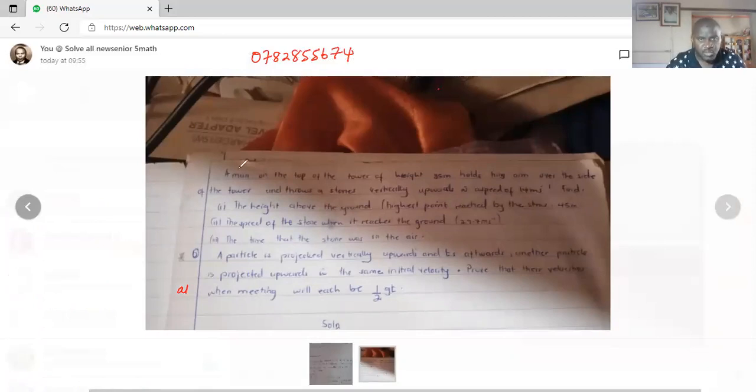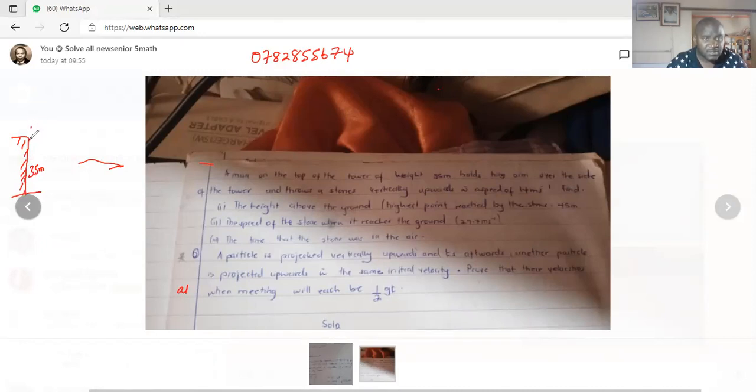It says a man on top of a tower of height 35 meters. This is the tower. It is 35 meters. He holds his arm over the side of the tower, and he throws a stone vertically upwards with a speed of 14 meters per second.